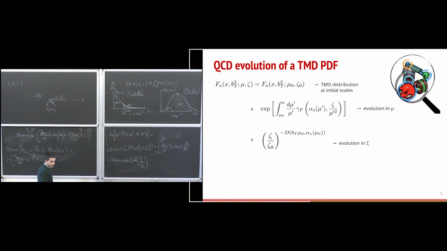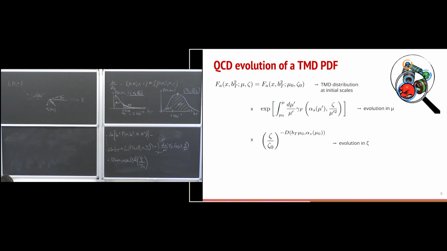In order to move forward, we have to make some assumptions. As I said, gamma, f, and d are objects that can be calculated in perturbation theory. In the notes that you can find online, you see their expression, at least the general one.